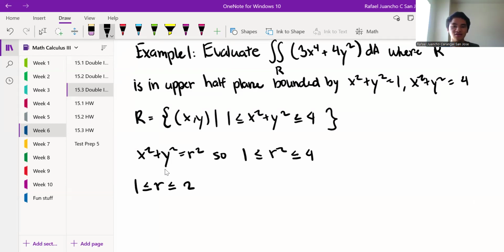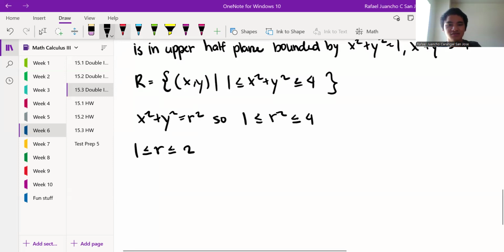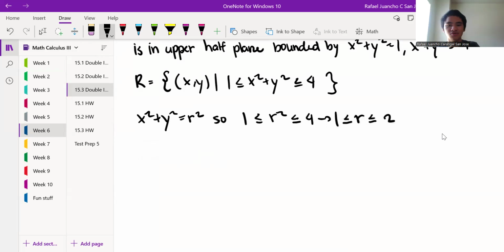Now, how do I find my theta? Because I also need that stuff. Well, to find my theta, that's the first idea. That's my r, right? Now, to find my theta, I need to say this is equal to r cosine, and then this is equal to r sine.